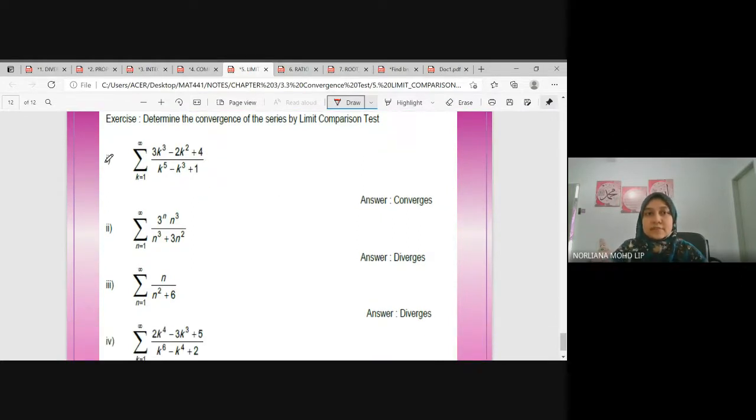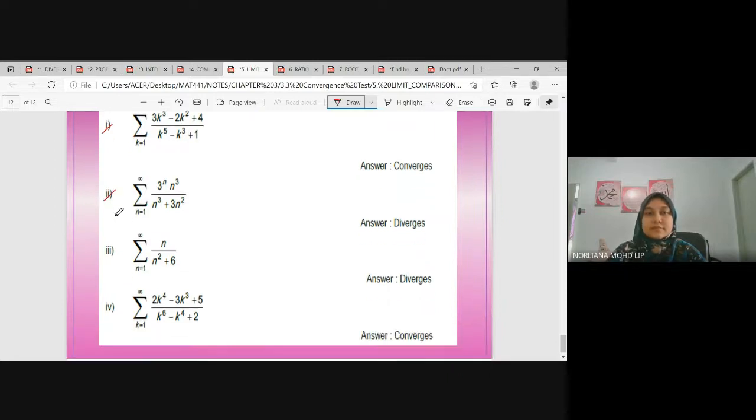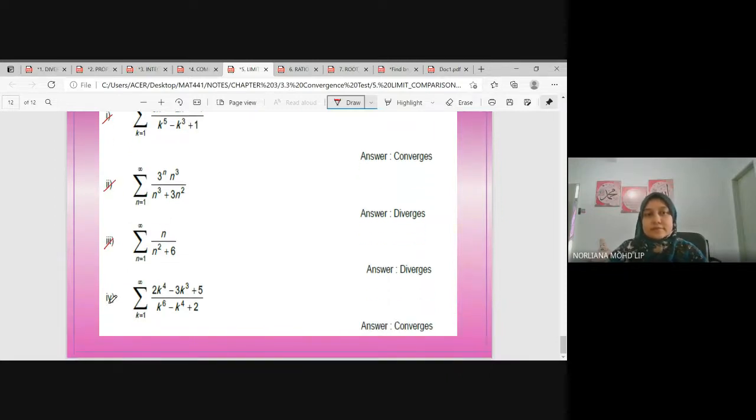Ni try sendiri. Ni semua jawapan semua dah ada kan? Cuma nantilah calculation ni sama ada awak dapat ke, proofnya ni betul ke tak ni? Converge, diverge.